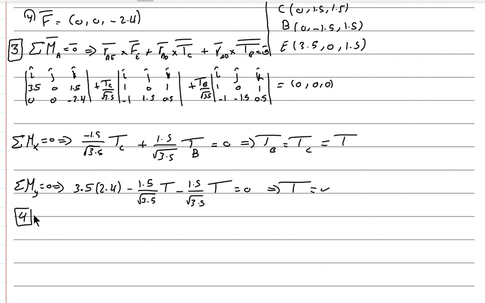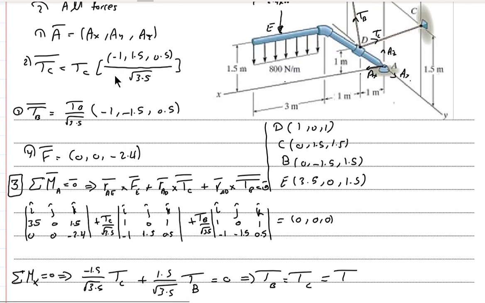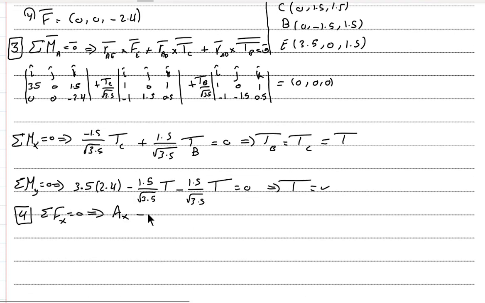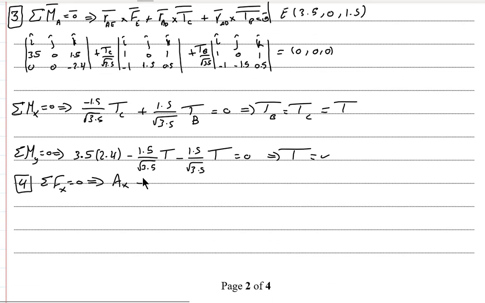we can go to the fourth part, which is R vector equal 0 vector. We can write sigma Fx equal 0, collecting all the x components of all forces. We have here AX, and then minus 1 over root 3.5 T, minus 1 over root 3.5 T, also minus another 1 over root 3.5 T equal 0.